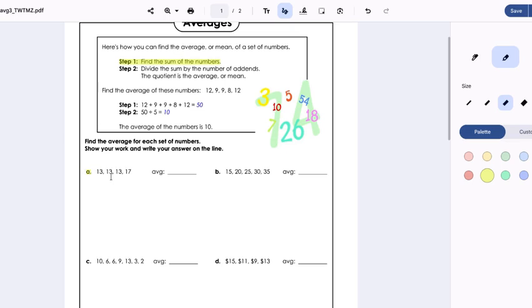We have 13, 13, 13, and 17. Now, when you hear the word sum, you should immediately think of plus, addition. So sum means addition.